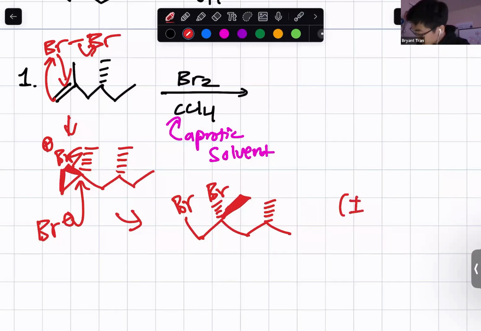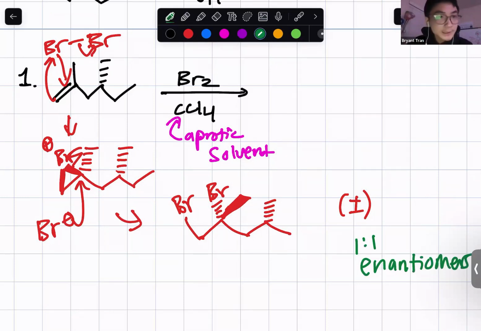And can we do plus minus here in the product or no? Can we say plus minus for the enantiomer? No, we cannot, right? Because plus minus shows a 1-to-1 mix of enantiomers, and back in 1-A, we said enantiomers are when all chiral centers in the molecule change or flip, right? We see that this chiral center here would flip, but this chiral center here stays unchanged.